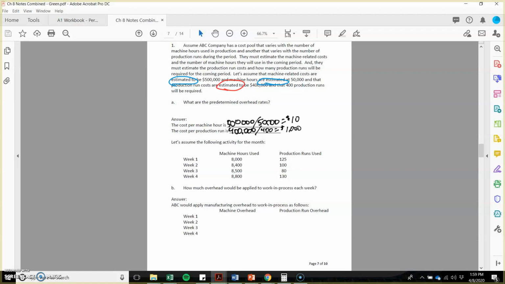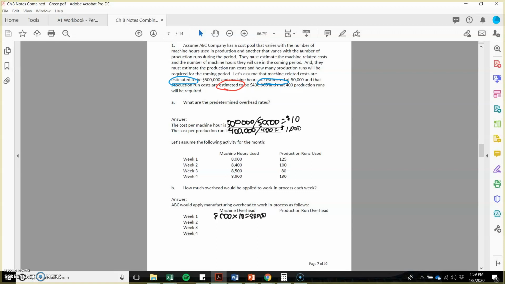Now I can see I actually had some activity. So during the month, you can see each of the weeks broken down. You can see the number of machine hours used and the number of production runs used. So my machine overhead is going to be 8,000 hours times 10, or $80,000 for my first week.